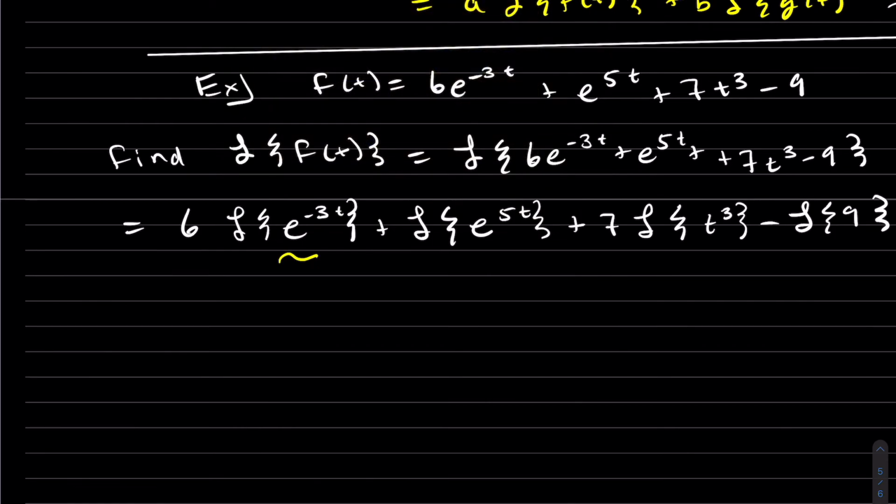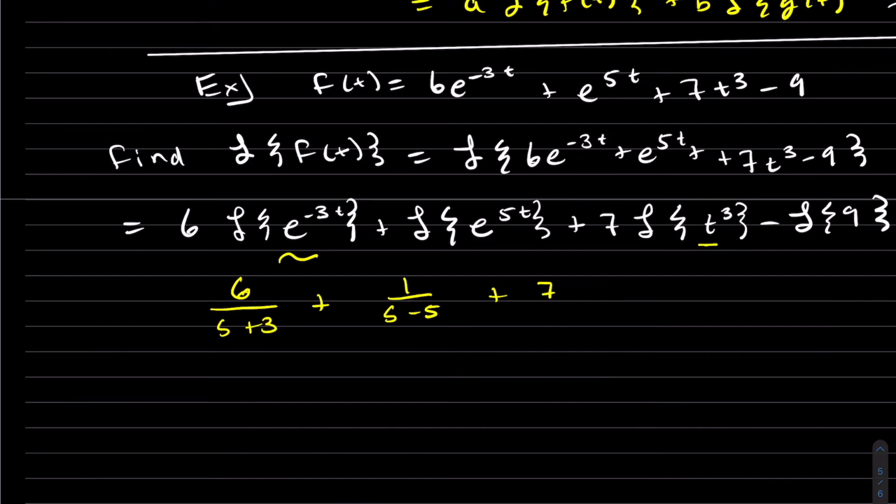So this is going to be 6 over s plus 3 plus 1 over s minus 5 plus 7.